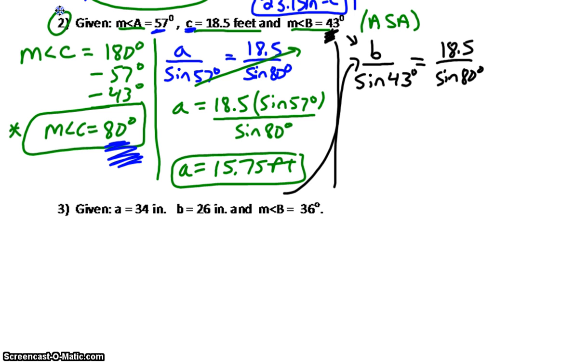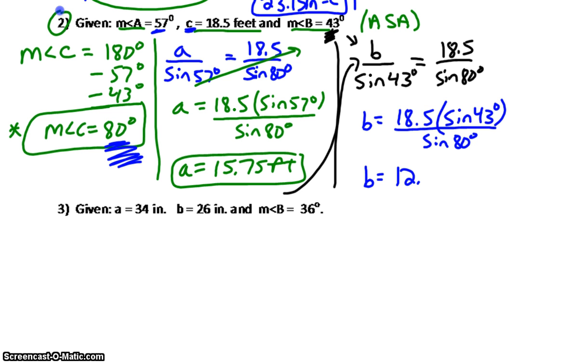When I do the cross multiplication, I will punch into my calculator 18.5 times sine of 43 degrees, all divided by sine of 80 degrees. If I do this correctly, remember where I need to put parentheses, I will end up with B equals 12.81 feet. And there we have our first video.